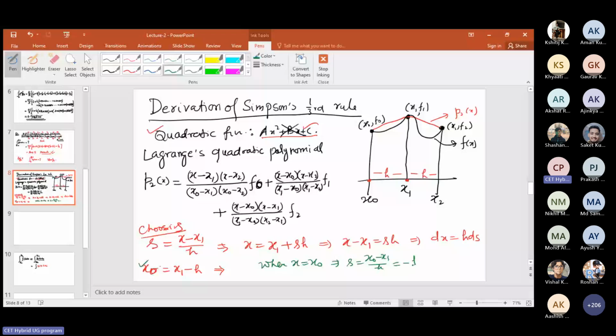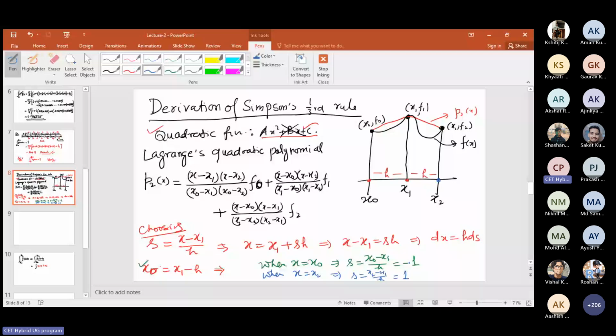Similarly, when x equals x2, this will imply s equals (x2 minus x1) by h. Again, you can easily see from here, x2 equals x1 plus h. Therefore, this value will be h by h, and therefore s equals plus 1.